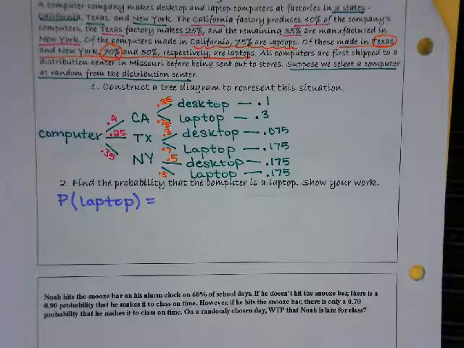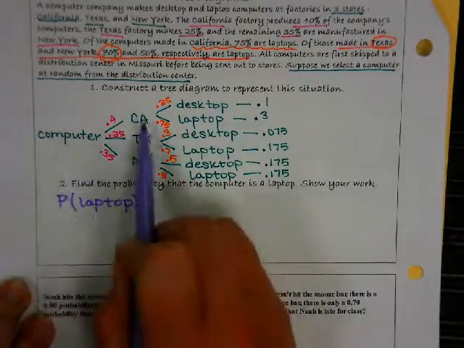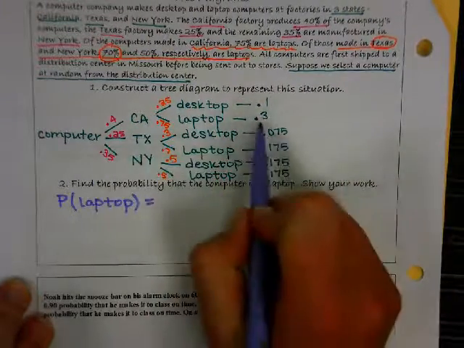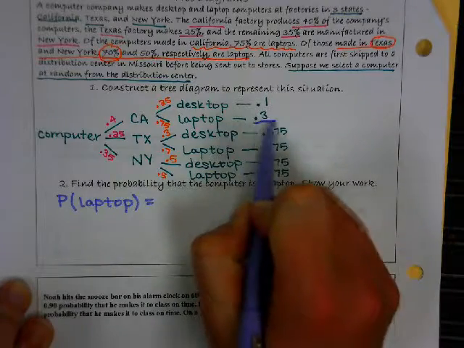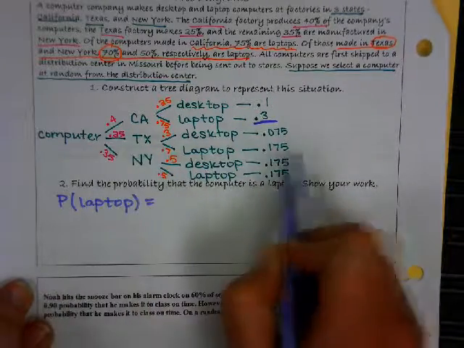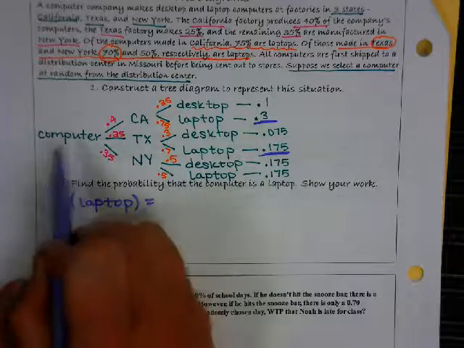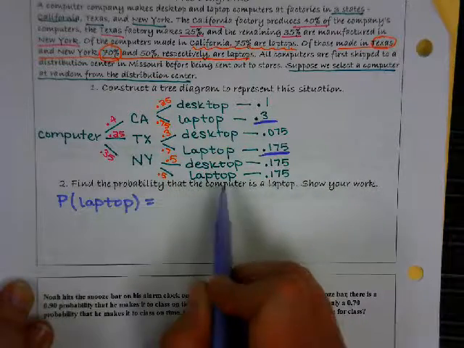So a computer from California that's a laptop has a probability of 0.3. A computer from Texas that's a laptop has a probability of 0.175. And a computer from New York that's a laptop, also 0.175.